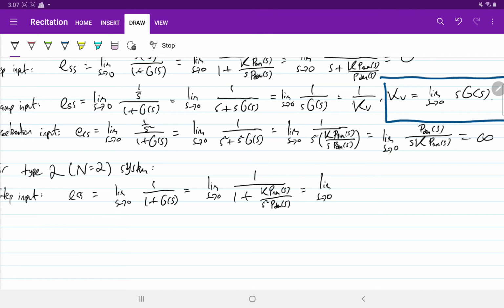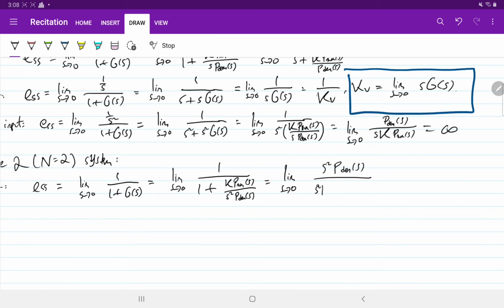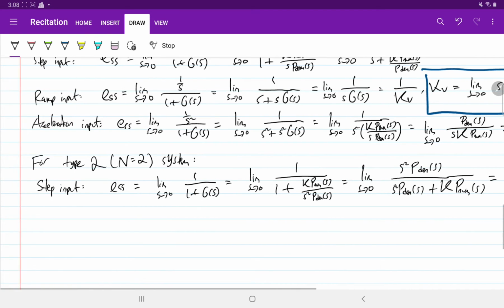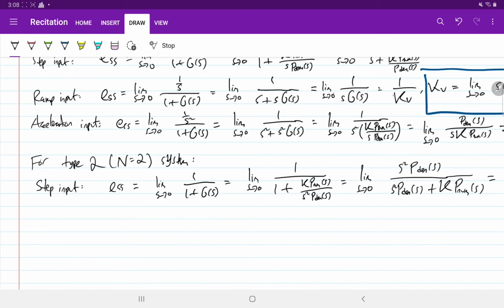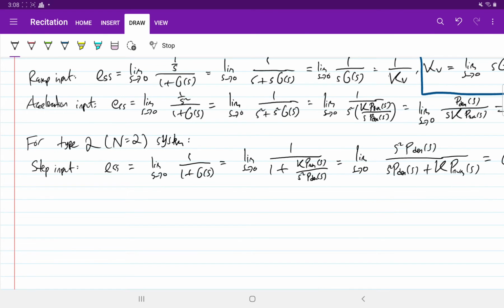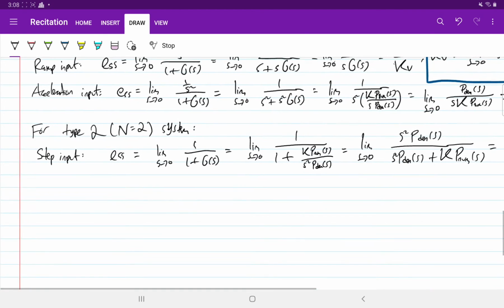So limit s to 0 s squared p denominator over s squared p denominator plus kp numerator, which is 0, right? So for a type 2 system, it can track a step input perfectly.